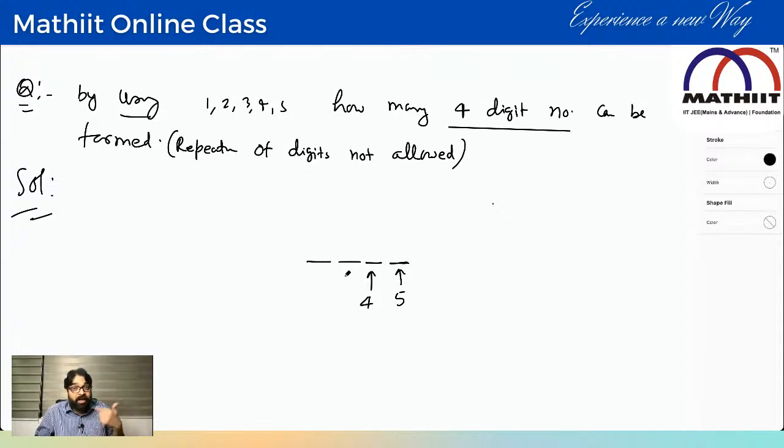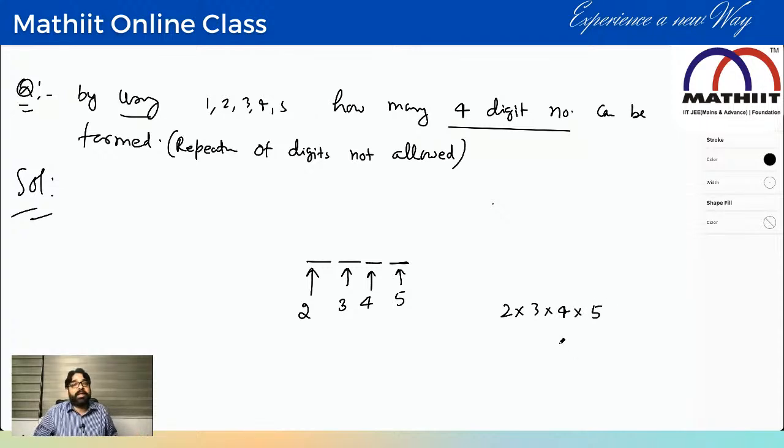And listen to the wording I'm using. And this place can be filled in 3 ways. And this place can be filled in 2 ways. Yes or no? So the job can be done. This place can be filled in 5 ways, and this in 4 ways, 3 ways, 2 ways. So the total number of ways to fill these places using these objects will be 2 into 3 into 4 into 5.